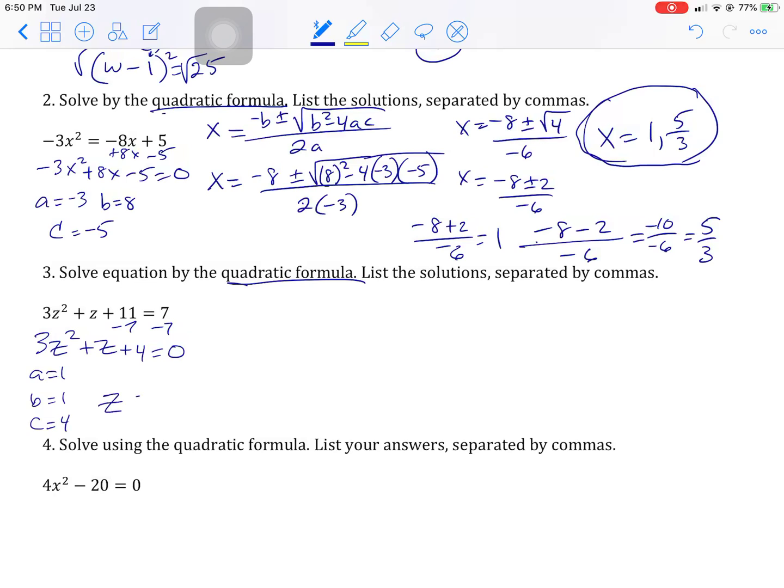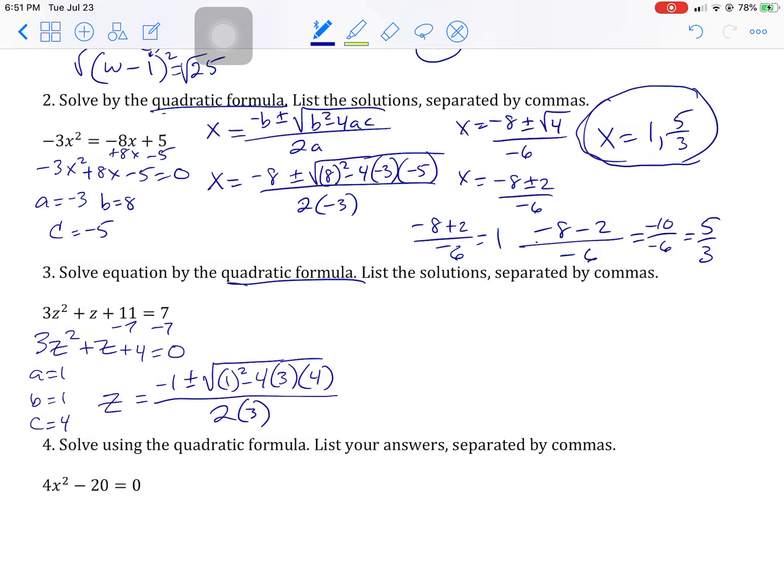So Z equals, don't put X, put Z. Opposite B, which is -1, plus or minus square root of B squared minus 4 times 3 times 4 over 2 times 3.